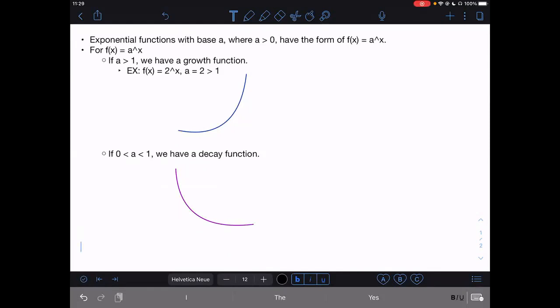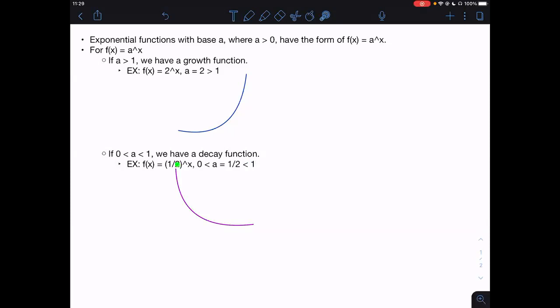An example of a decaying function would be f of x equals 1/2 raised to the x power. Here our base a is 1/2, which is greater than 0 and less than 1. So this type of function will give us this decreasing exponential type of graph.